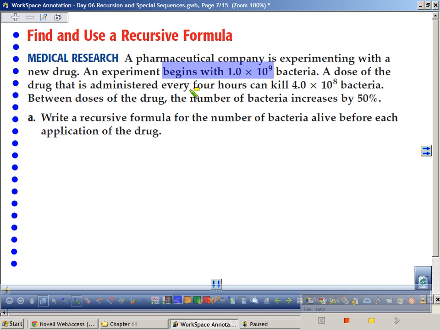A dose of the drug is administered every 4 hours, can kill, so that's probably going to have something to do with something, right? 4.0 times 10 to the 8th bacteria. Between doses of the drug, the number of bacteria increases by 50%. Write a recursive formula for the number of bacteria alive before each application of the drug.